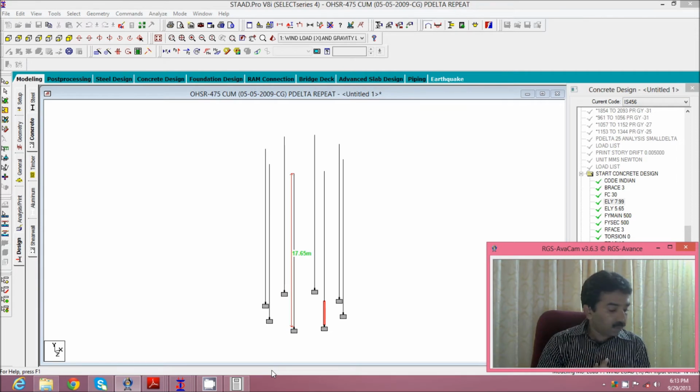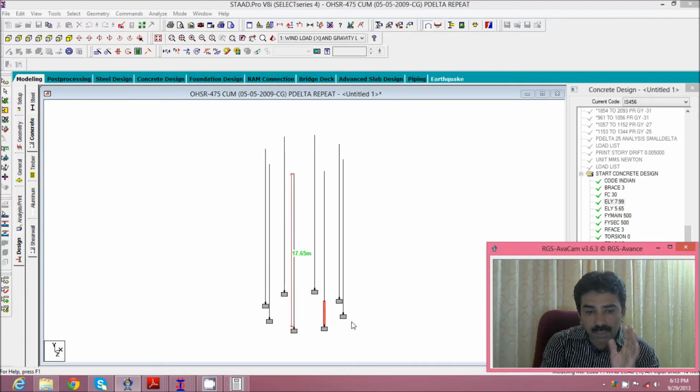Now this is very important in judging or giving ELY in STAAD, or there is a certain ambiguity sometimes, or error may occur sometimes, that whether I have to give ELY as 7.99 or ELZ as 7.99, whatever you say.